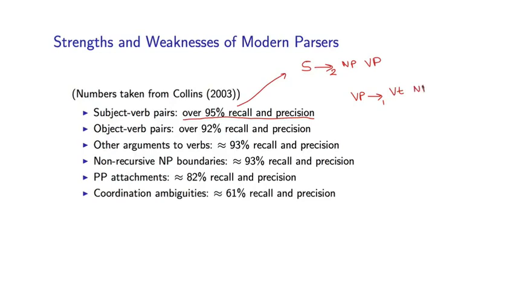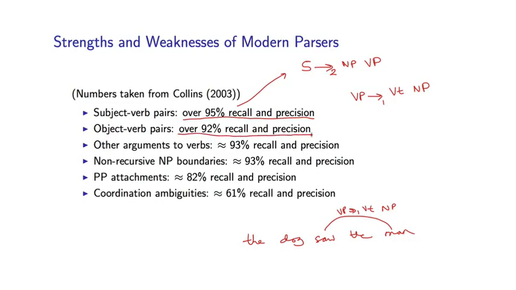So whenever I see a dependency like this, I have a relationship between a verb and its object. For example, if I say the dog saw the man, I'm going to have a dependency between saw and man labeled VP1 VT-NP because man is the object of saw. And again, these are recovered with pretty high accuracy, over 92% recall and precision.